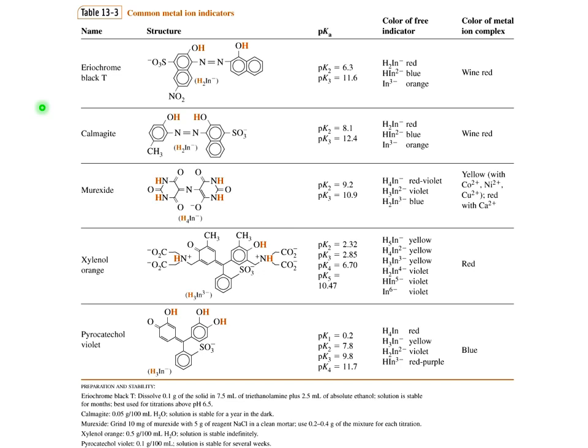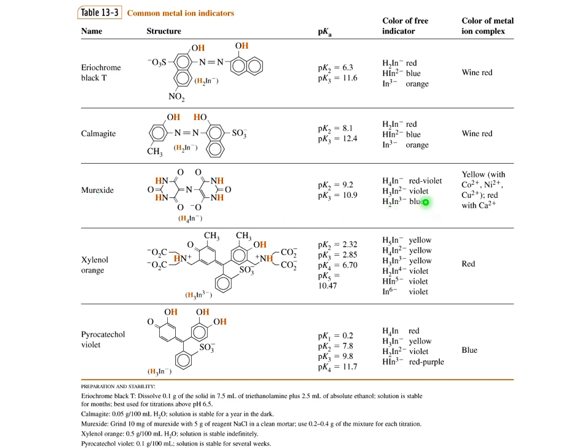Now, to do titration, we need to have indicator. In this case, what do we want to indicate? We want to indicate metal ions. So our metal indicators will be compounds that change their color in presence of metal ion. For example, Eriochrome Black T is blue when it is free, and it's red when it forms a complex.